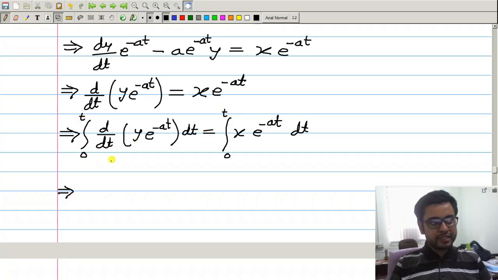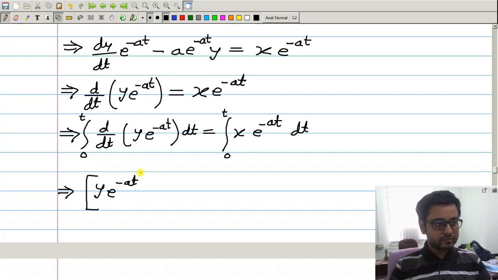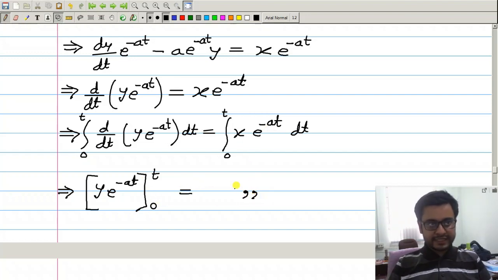Then the left hand side will become y e to the power minus at at time t and at time 0, and the right side is as it is.